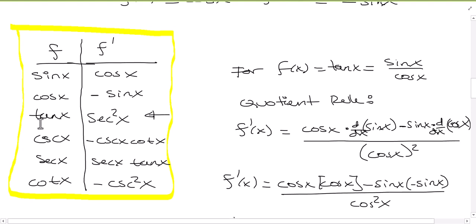So all the cofunctions have a negative derivative. That's the most important thing to remember. And that's one way that I remember all my other ones. Like tangent x, the derivative is secant squared x. Add a co. So cotangent, the derivative is cosecant squared, negative. So that's one quick way that I remember them. I always tend to remember sine, cosine, tangent, and secant. And then from those, I can always get the cofunctions.